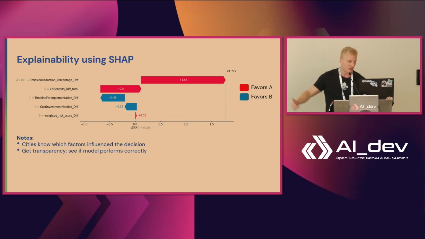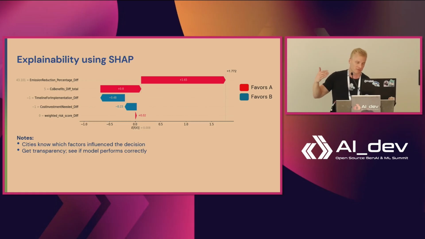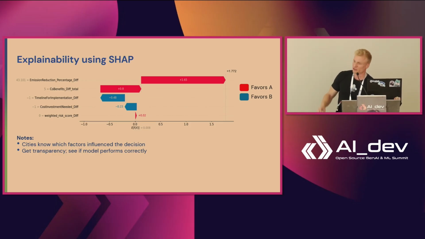So we can see that action A has a higher reduction potential, so this favors to the right. It has more co-benefits, which also favors to the right, but it's slower to implement and has higher costs, so it goes to the left. And it's equal on the risk score, which is the climate risk score. So you can do this for every comparison, and you can see what it's doing.